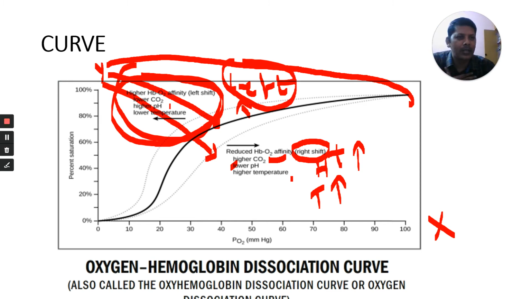Here at our lungs, you can understand easily: higher oxygen concentration, low CO2, higher pH, that means low H plus ion concentration, and lower temperature. That's why it is shifting. When these conditions are reversed, it is shifting towards the right side. This is Bohr effect and this is Haldane effect.